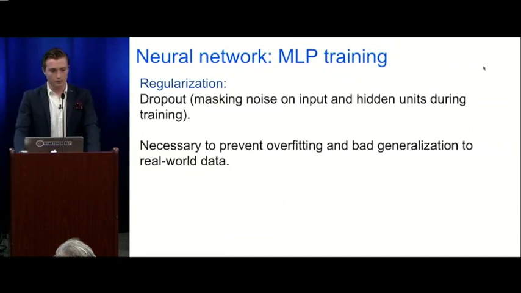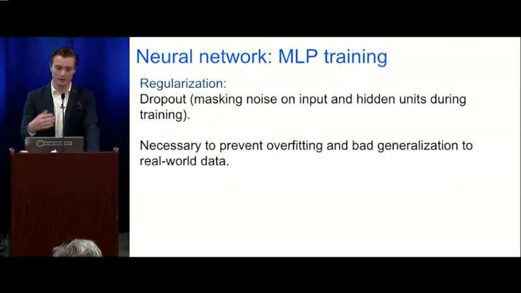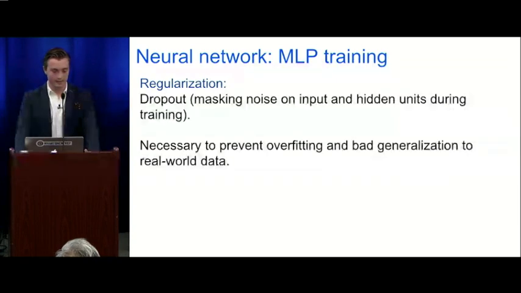Now, one of the issues I said before when you're monitoring your validation and test sets, you want to prevent something called overfitting, which means your model is just going to learn what it's trained to learn, and that could have a bad effect for actual real-world use because your training set might not actually represent what your real-world data is. So there's stuff called regularization in machine learning. Commonly, L1 and L2 are used in other regressions. In neural networks, you use something called dropout. What this does is it randomly masks some of those units. So we had 500 hidden units in our hidden layer. It'll randomly drop out some of those to 0 so that they can't influence the output in that given epoch.